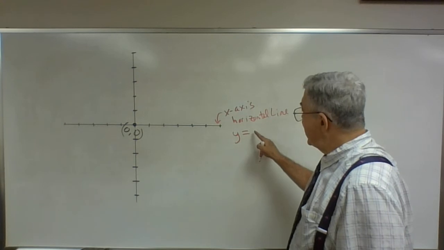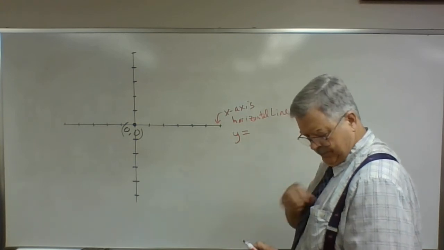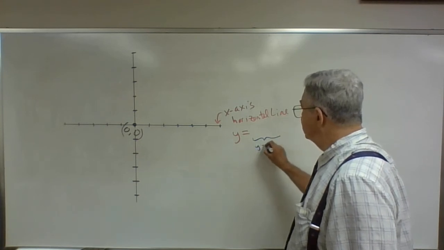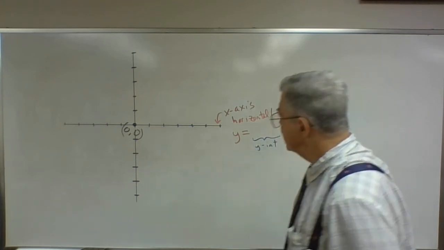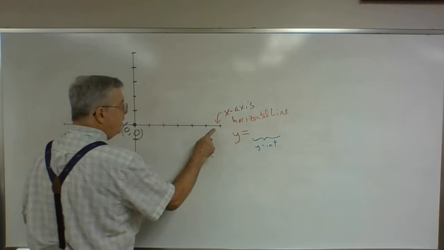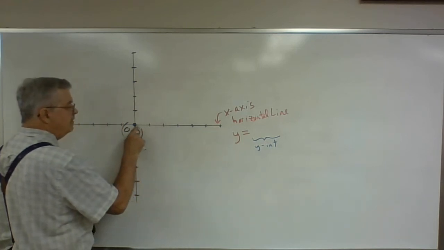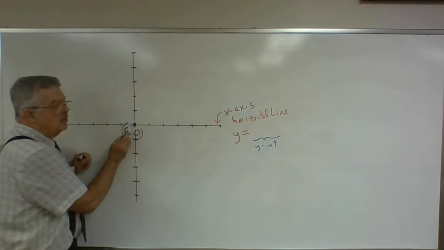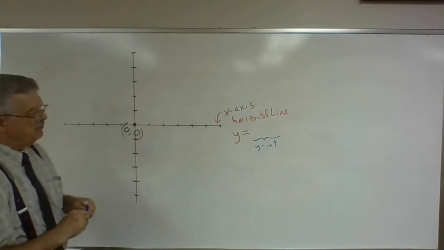And that number happens to be the y-intercept. Well, where does this horizontal line intersect the y-axis? Isn't it right here at y equals 0?